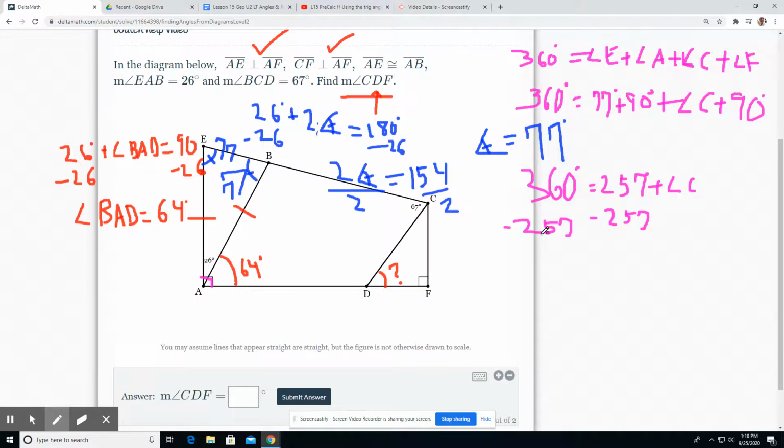And that's 103 equals angle C. All right, this whole thing is 103.